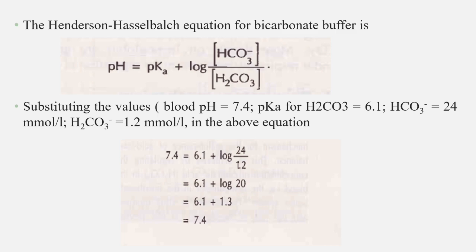Substituting the values, pH is equal to the pKa, the bicarbonate pKa is 6.1, plus log bicarbonate 24 over carbonic acid 1.2. Then 6.1 plus log 20, 6.1 plus 1.3 equals 7.4. So this is the pH of the bicarbonate buffer.